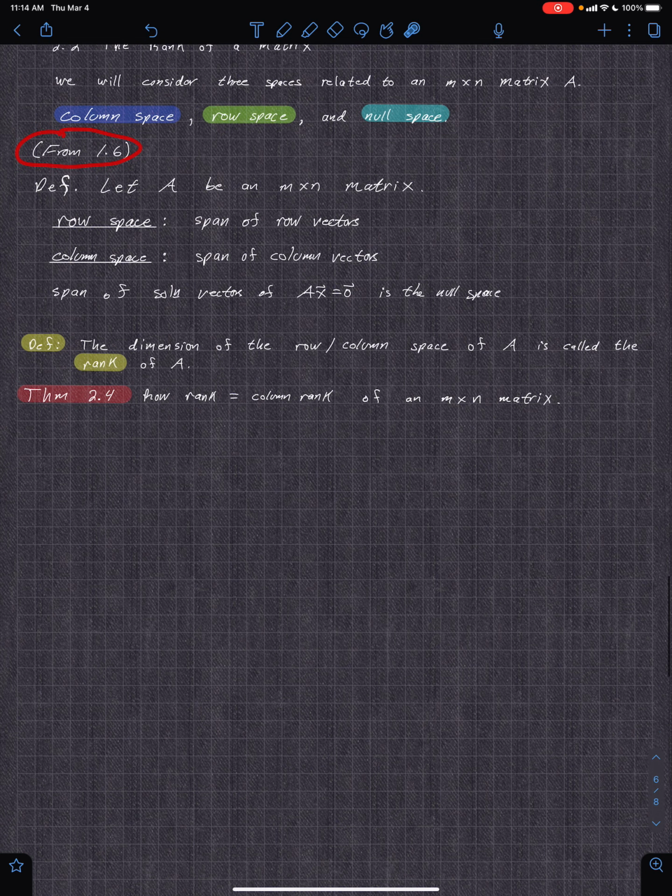We defined row space as the span of all the row vectors, column space as the span of the column vectors. And so what we want to do is look at a basis for those different spaces.